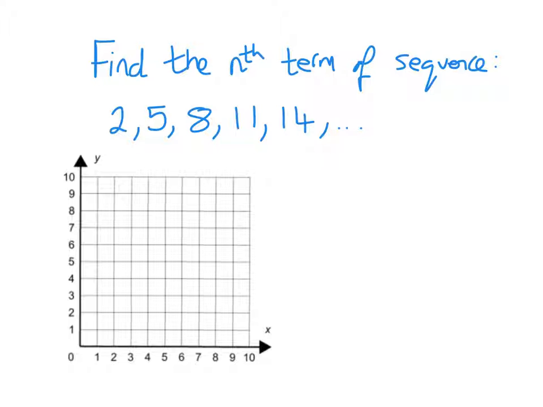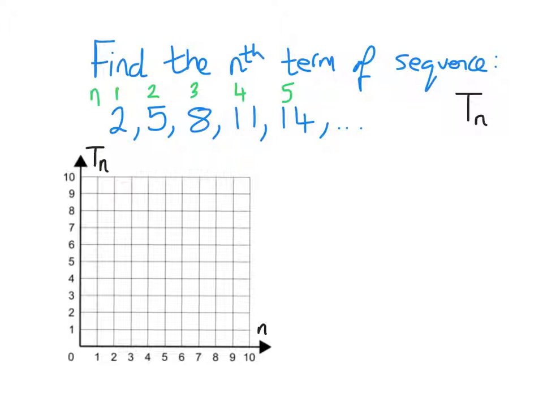So instead of x we're going to have n, and instead of y we're going to have something called t of n, which looks like this, tn, which means nth term. I'm just going to plot these points. Here n is 1, 2, 3, 4, 5.